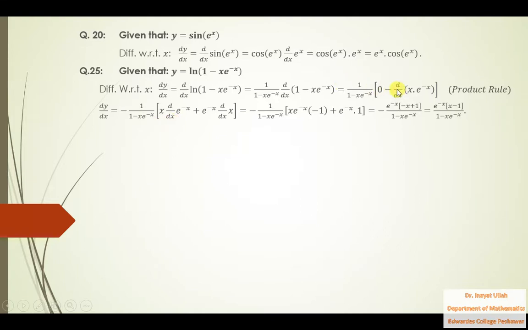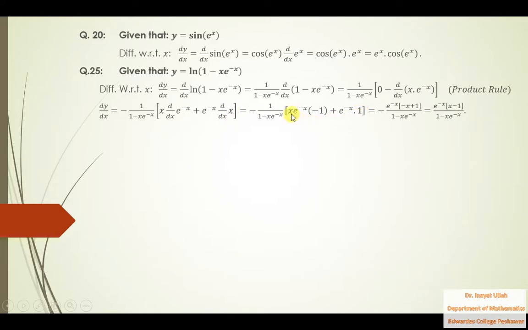We have written this negative sign outside here, that is a minus sign, and we have applied the product rule on these two factors to get this portion: first derivative of second plus second derivative of first. Now the derivative of e power minus x is the same e power minus x with the further derivative of minus x, which is minus 1, and the derivative of x is 1.